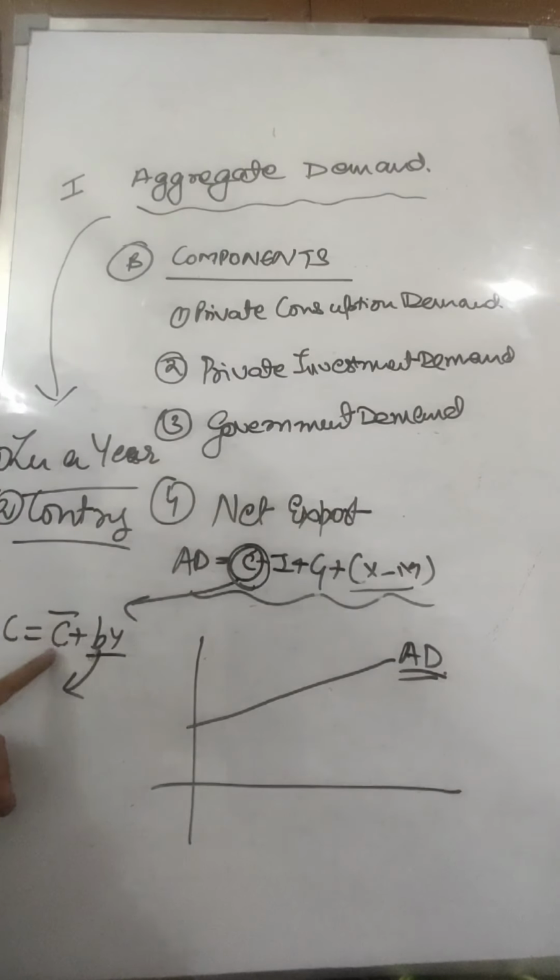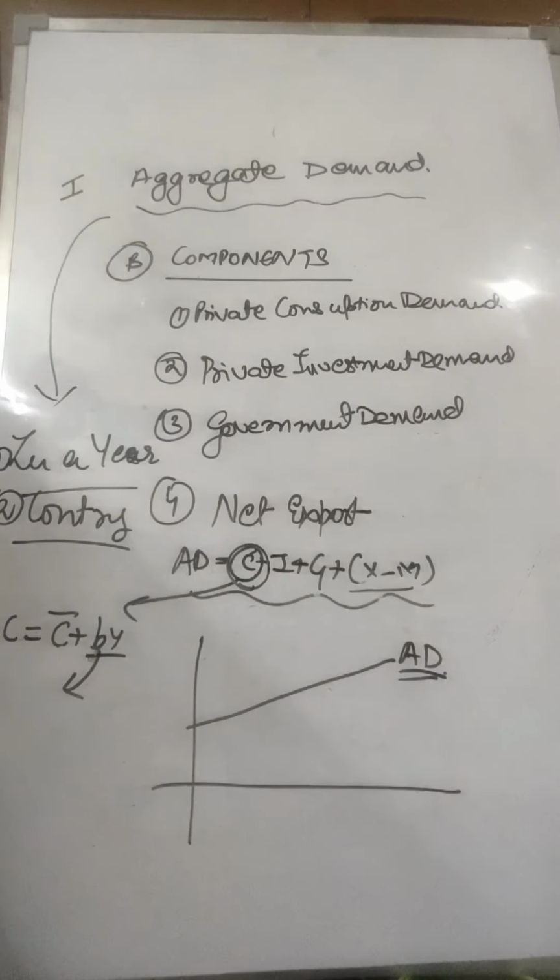But this C bar is your autonomous consumption. Even if I'm not having any income at a particular period of time, still I will be consuming because I cannot live without it, I need something for my survival, right? If I am living in a house, I require food to eat also.